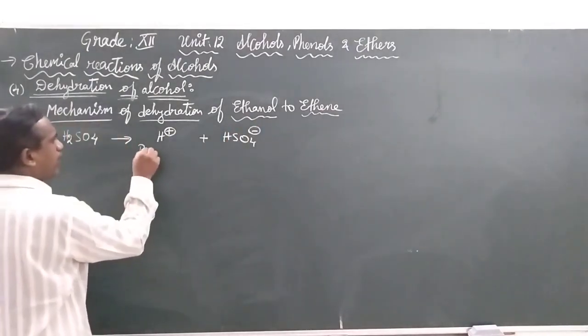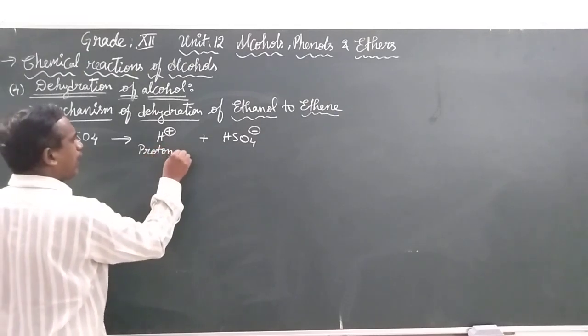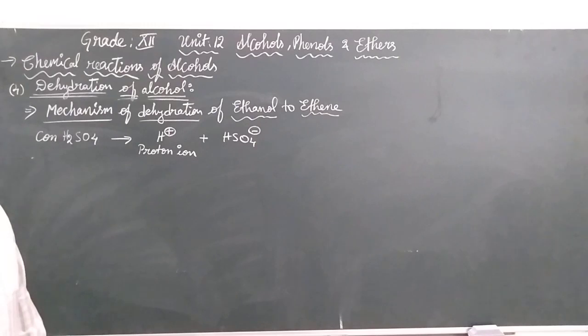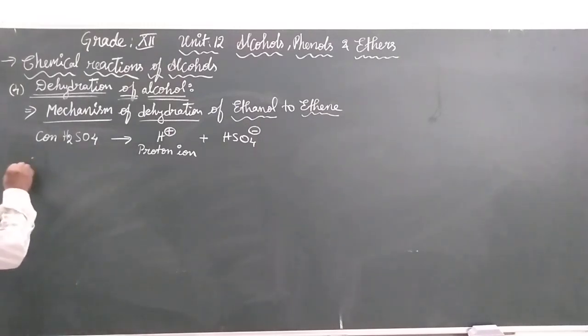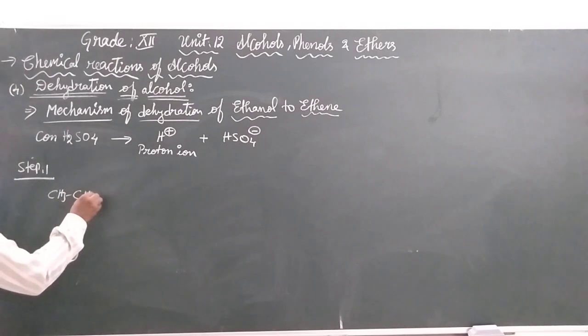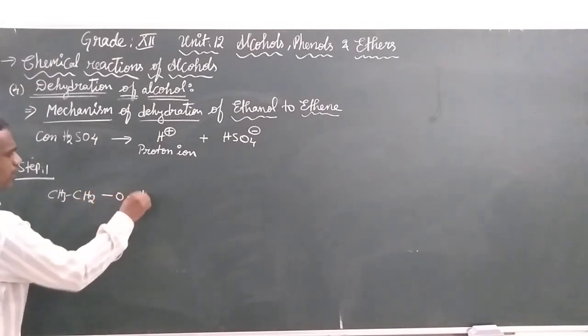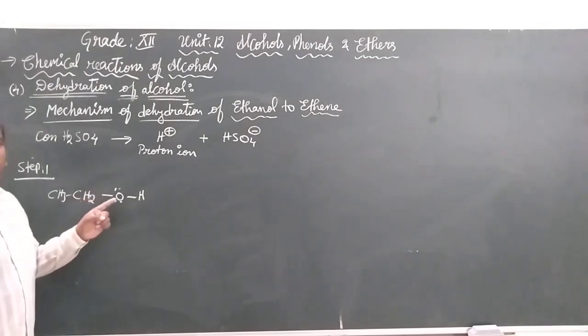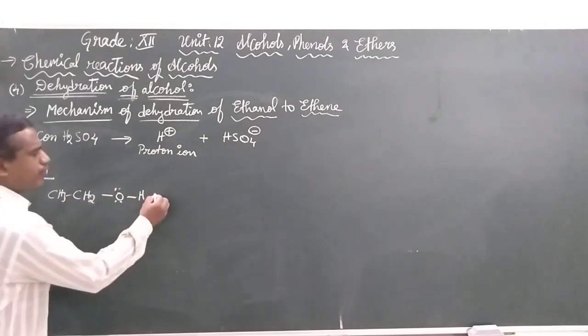This is what we call the protic acids. In step 1, the ethanol that we had used has 2 lone pairs on oxygen.